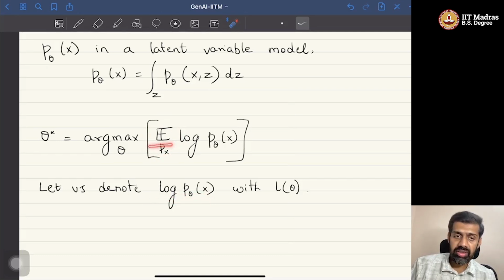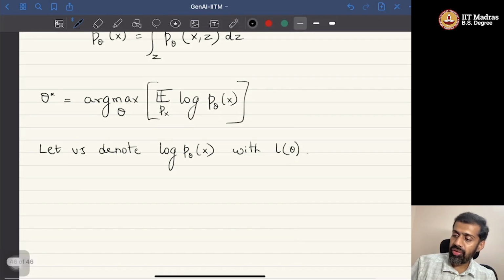Since expectation is a linear operator, one can write down the maxima for one of the data points here and then write down the expectation outside. So we'll just consider that we have one data point right now and omit the expectation for all our calculation, just to make it less cumbersome.